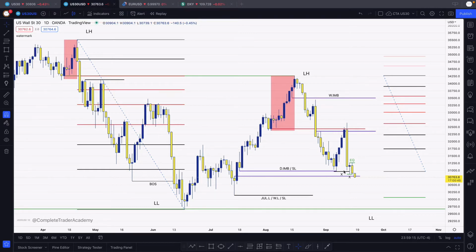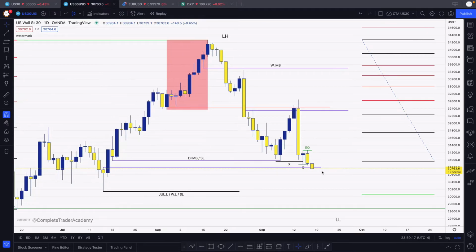At first, let me zoom in a little bit. At first it tapped and rallied off, hit this 50, came into this supply block, mitigated more of this candle, generally about 50%.